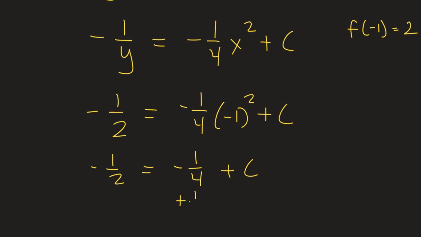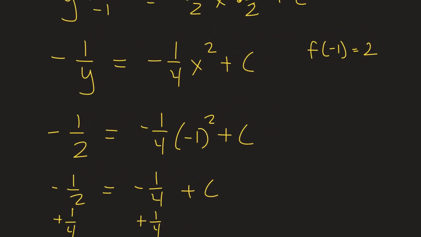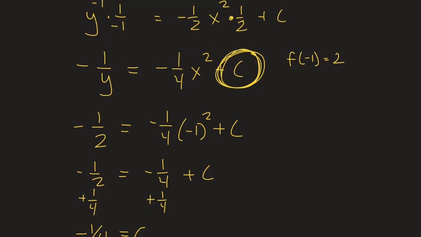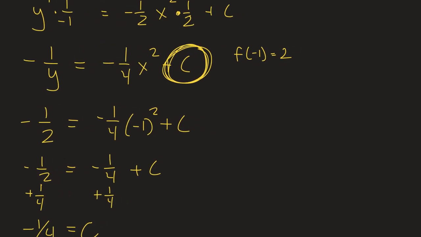And now when I add 1/4, negative 1/2 plus 1/4 is negative 1/4. So we have a c value of negative 1/4. So we're going to come back into here and replace that c with negative 1/4. So negative 1 over y equals negative 1/4 x squared minus 1/4.